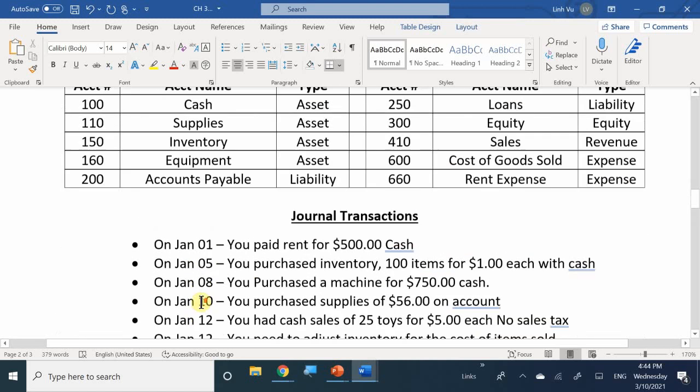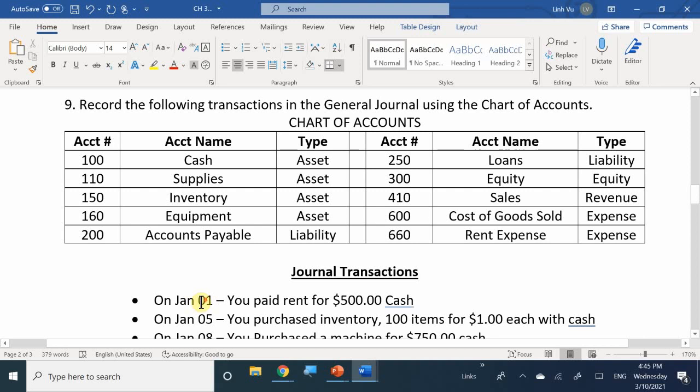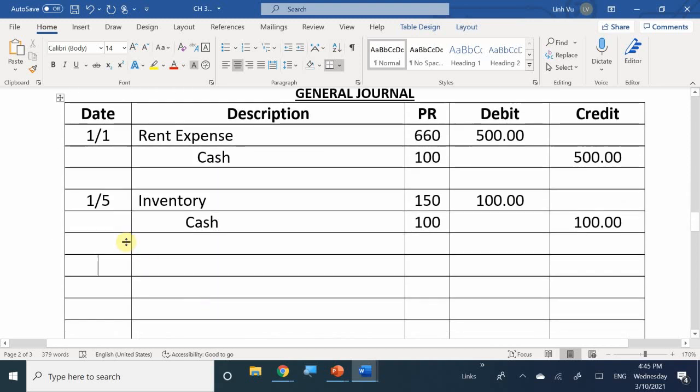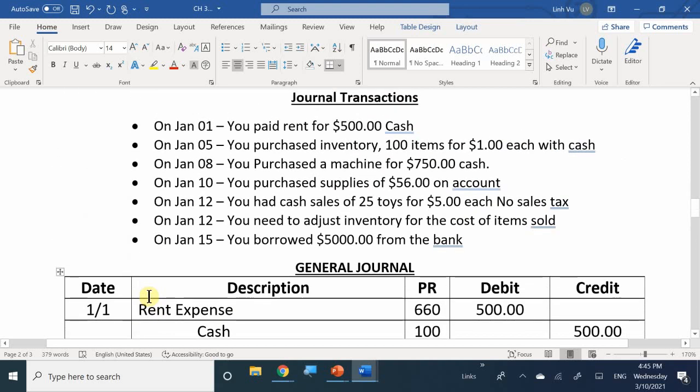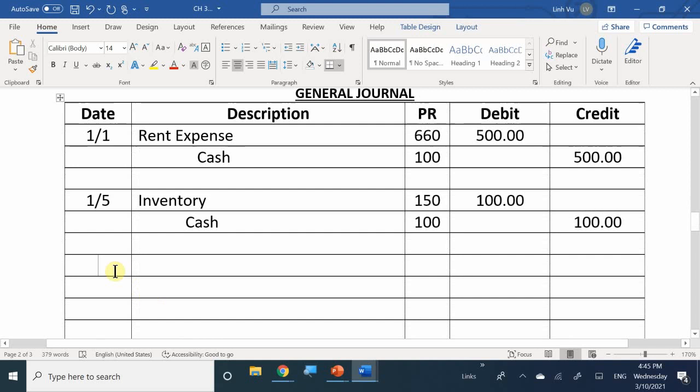Equipment is number 160. Let me see what the date was again. Once again, it's the 8th. So here, January 8th, we determined that we bought equipment. We acquired an asset, so we bought something, and we bought it with cash.